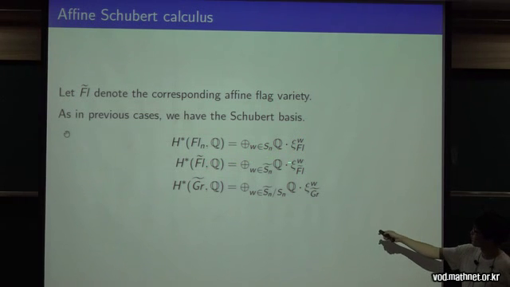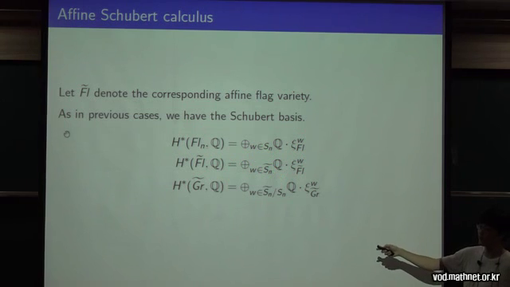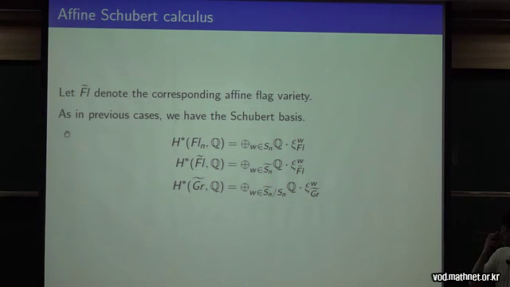For the affine flag variety, the index set is the affine symmetric group, which I define on the next slide. And the cohomology of the affine Grassmannian has a Schubert basis indexed by the affine symmetric group modulo the symmetric group. My goal is to explain this in terms of the ring of symmetric functions or ring of polynomials.